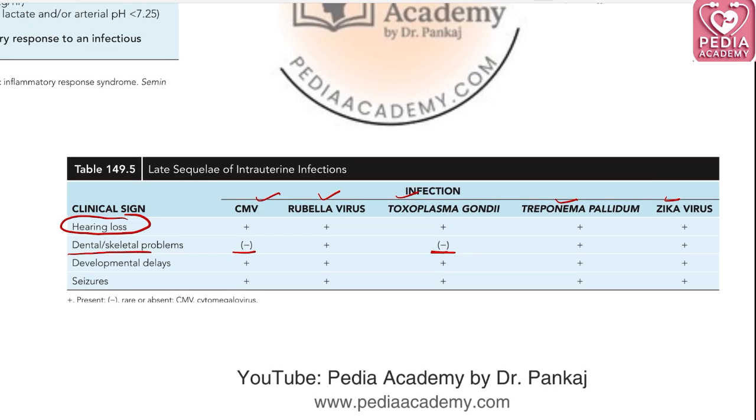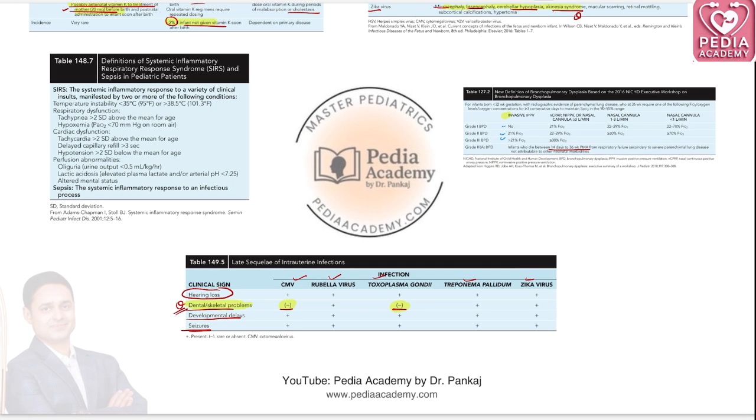So they'll ask in which infection late manifestation is not a part of this. So in CMV or toxoplasma, these dental skeletal problems are not that prominent. Developmental delay is throughout and seizure is everywhere. So basically, dental skeletal problem they will ask in which infection they will not be seen: CMV and toxoplasma. Again, very important.